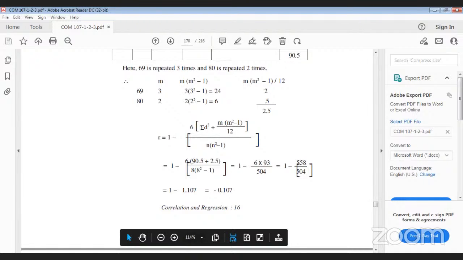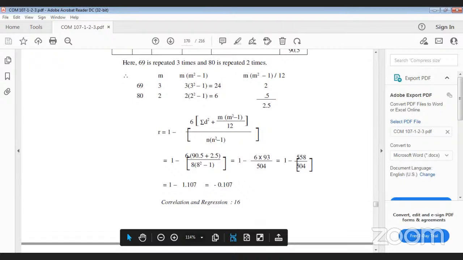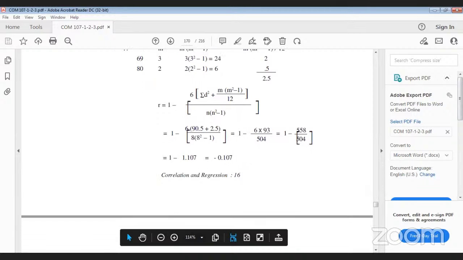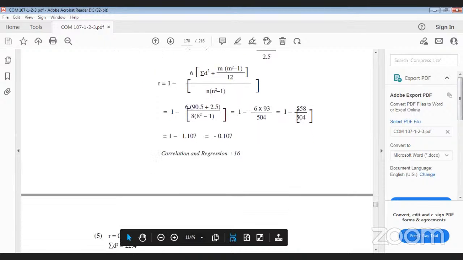And the correct answer is minus 0.94. This is the correct answer. In the book, there is a printing mistake, because the correct answer should be minus 0.094.